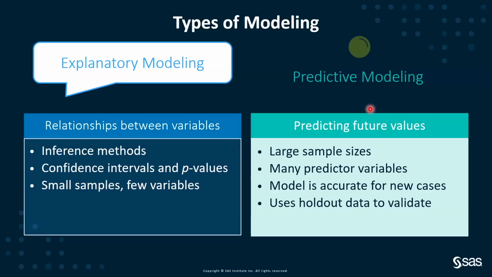Here the features would be very, very large sample sizes, many predictor variables, for example, and accuracy is what you're looking for, not the explanation. And of course, you're going to validate the model to ensure that whatever model we're using is logical enough.